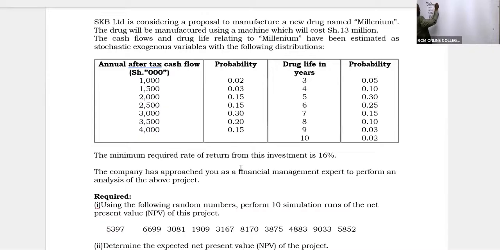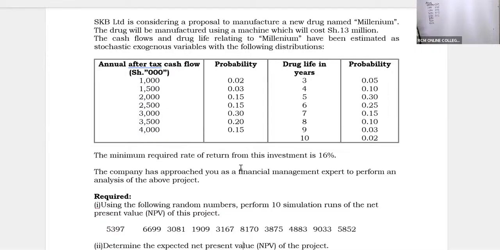And then we have probabilities. So our probabilities, I can see there 0.02, then we have 0.03, then we have 0.15, then we have 0.15.